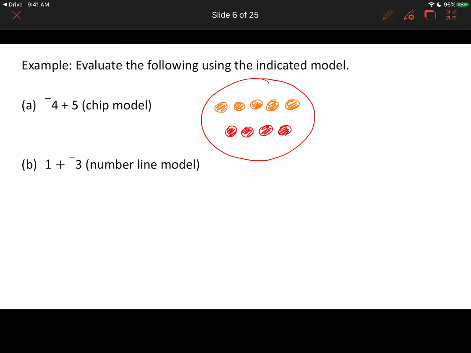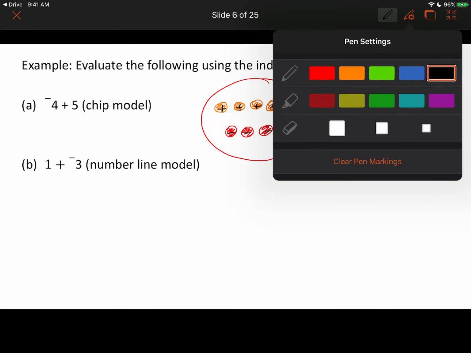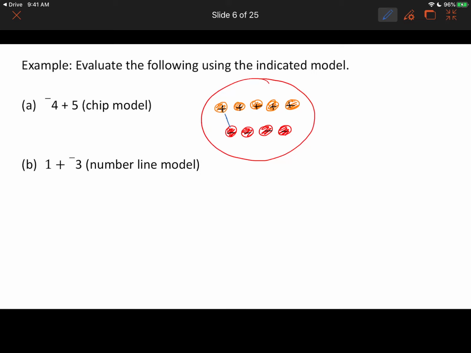Now to help yourself, you can remind yourself that these yellows are positive and these reds are negative. And then I'm just going to look to see what pairs up. So I've got 4 sets that neutralize, and I'm left with 1 positive chip. So -4 plus 5 is 1.